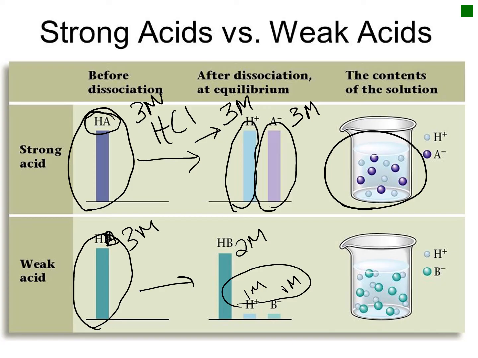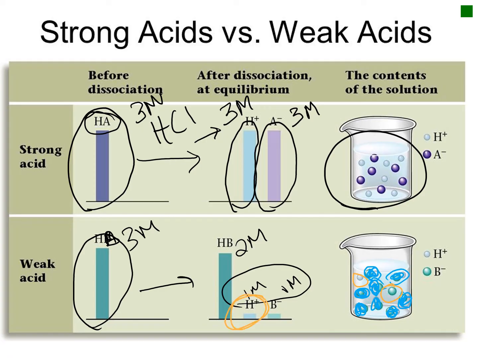When you look at it in the pictorial way, if I look at all of my HBs that have not dissociated, I'm coloring them right now. Notice that I only have really 1 H and 1 B that have separated. That just shows that it's a weaker acid. Why is it weaker?